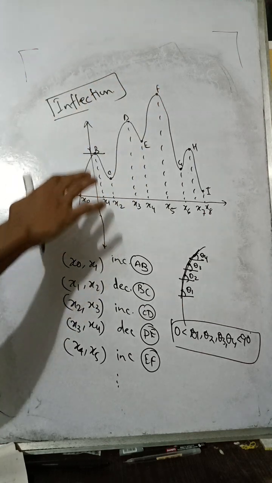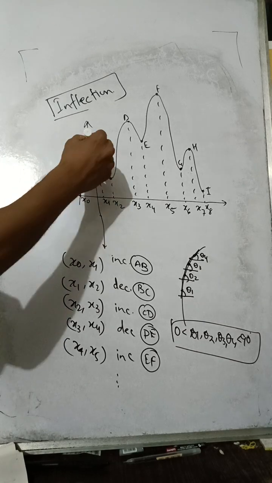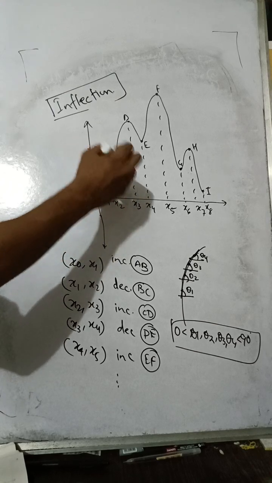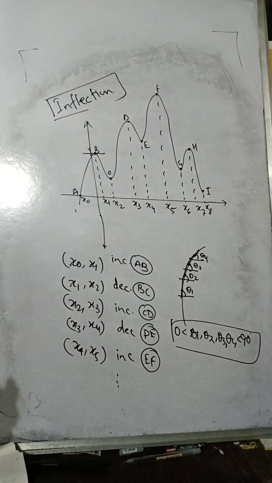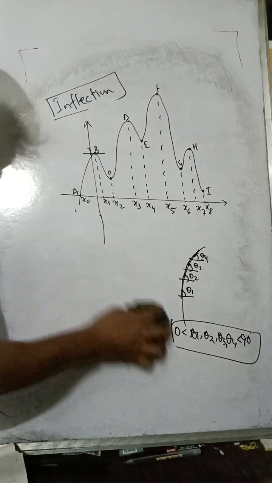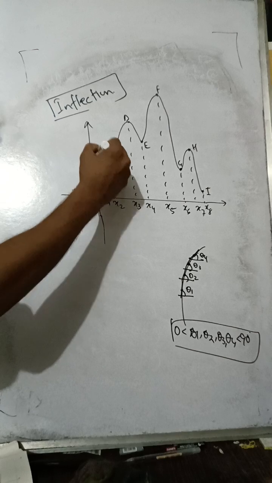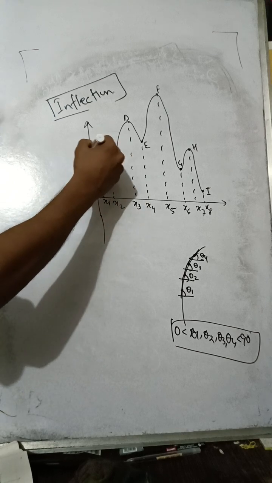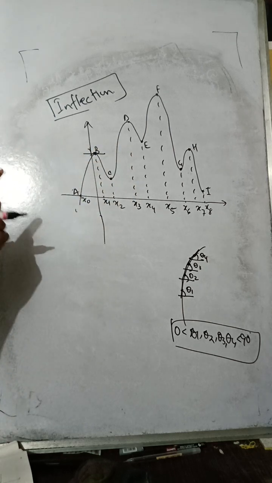An inflection point is simply a point where the left hand side is an increasing function and the right hand side is a decreasing function, or the left hand side is a decreasing function and the right hand side is an increasing function. So AB is increasing and this is again the decreasing region, BC. So point B is basically an inflection point.